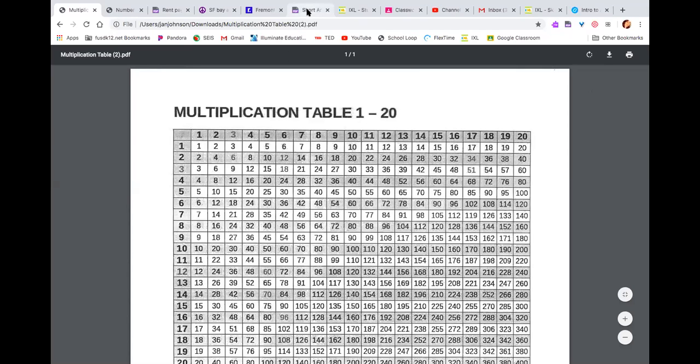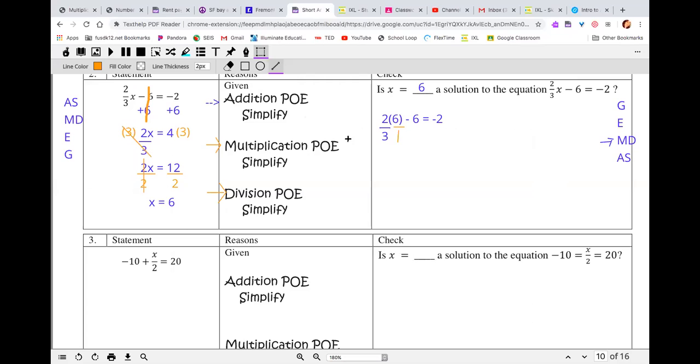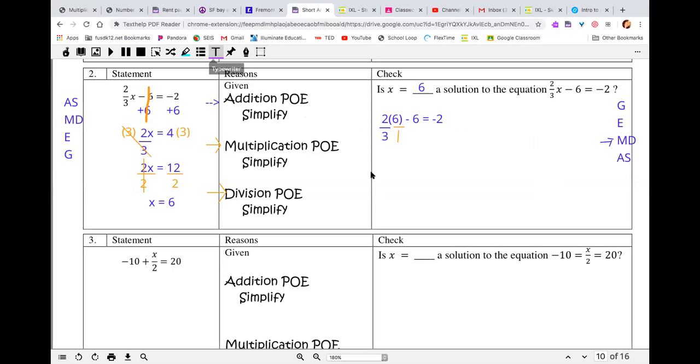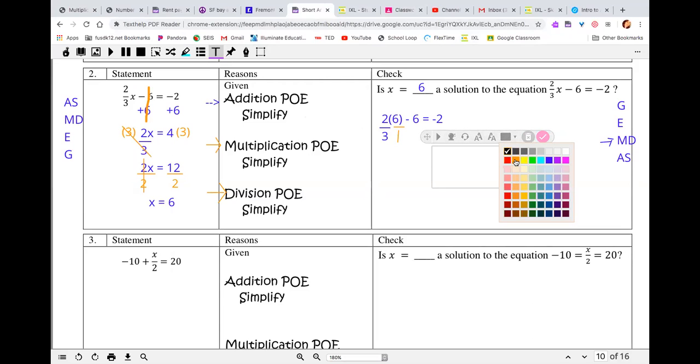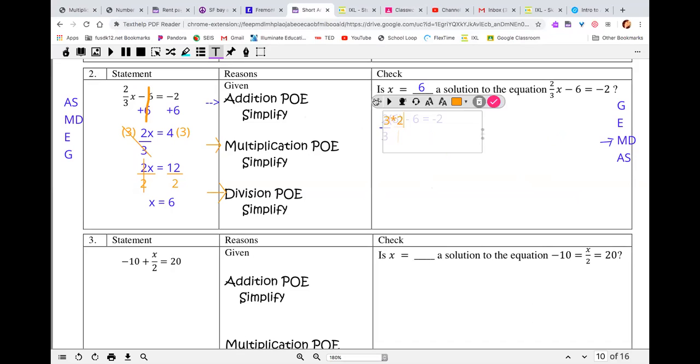Cannot get any smaller. Okay, how about 6? Does 6 and 3 share any numbers? 3 times 2. Okay, so 3 times 2 is 6.